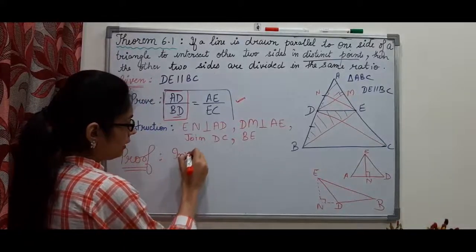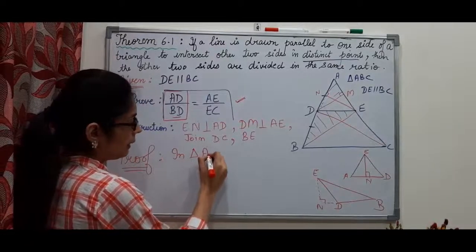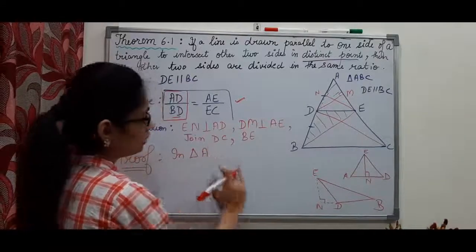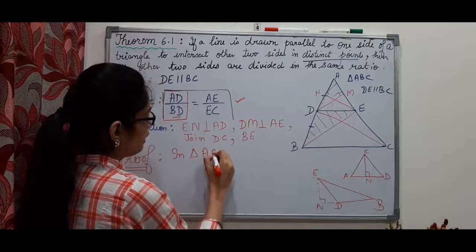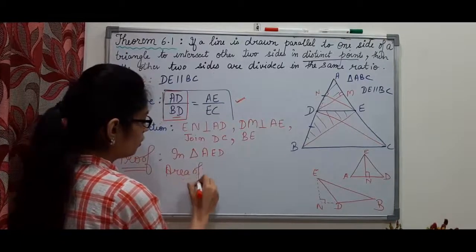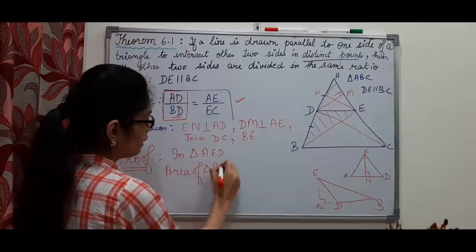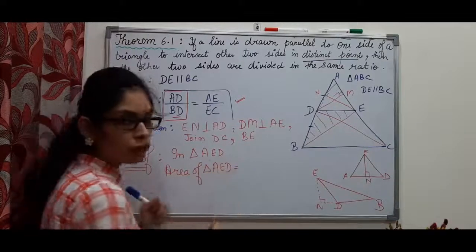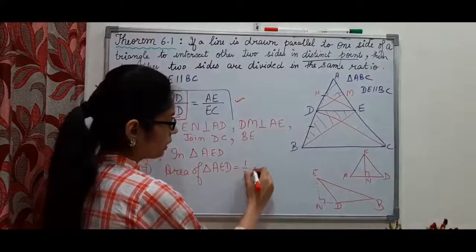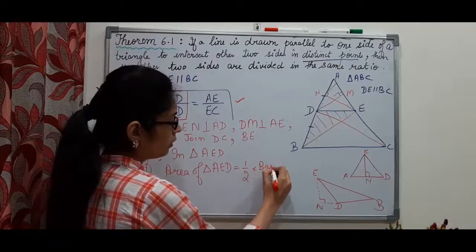So in triangle AED, first of all I'll do for this triangle, area of triangle AED. The formula of area of triangle we will apply here, which is half into base into altitude.